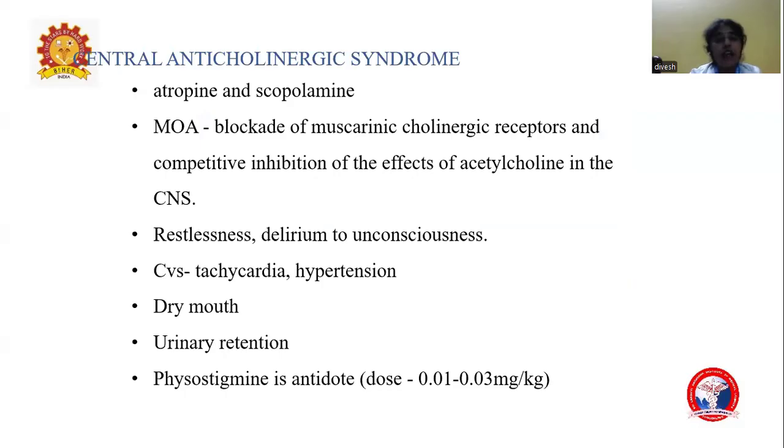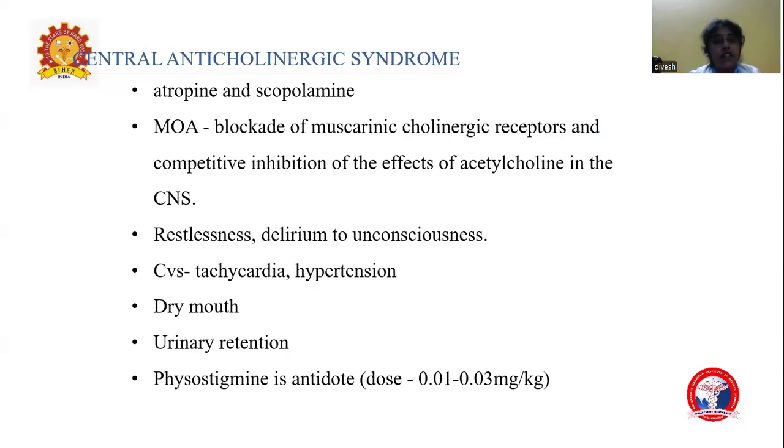These anticholinergic drugs, that is atropine and scopolamine, cause a major side effect, that is central anticholinergic syndrome. The mechanism of action is that the anticholinergic drug blocks the muscarinic cholinergic receptor and competitively inhibits the effect of acetylcholine in the CNS.